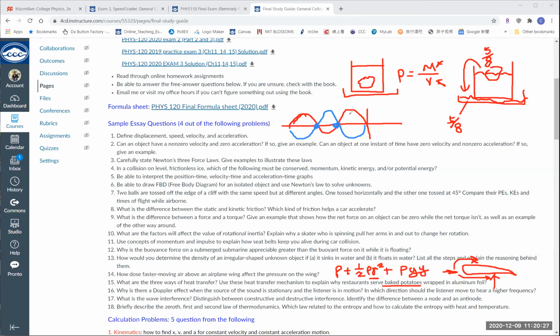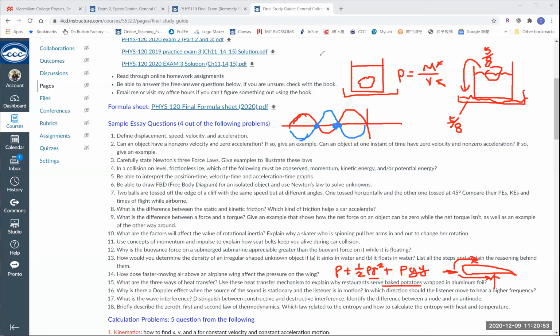This is continuously generating and continues to have a reflected wave coming in this way. But at this point, no matter how big this wave is, this point and this point never move. That is what we call the node. A point in the oscillation that is not moving is what we call the node.